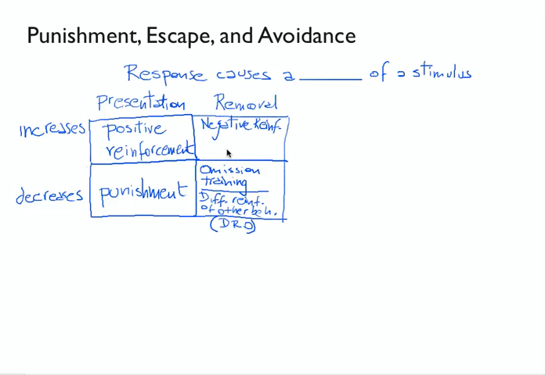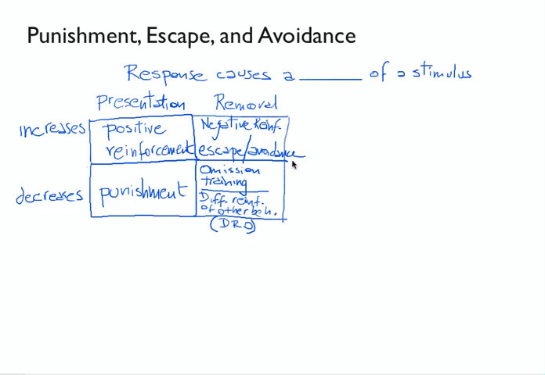In any case, we're interested in two particular forms of negative reinforcement. We're talking about escape and avoidance, which are not the same, but they are very similar and very easy to confuse.